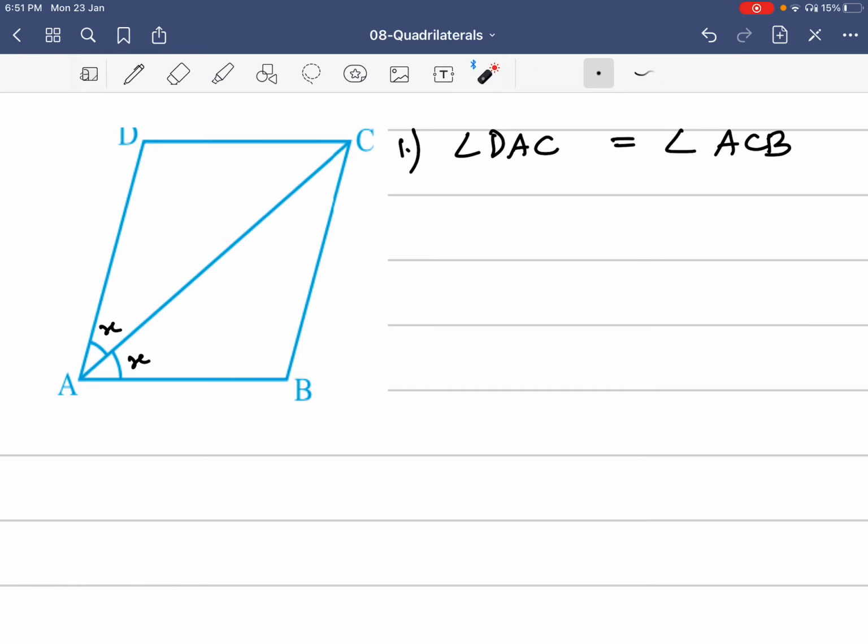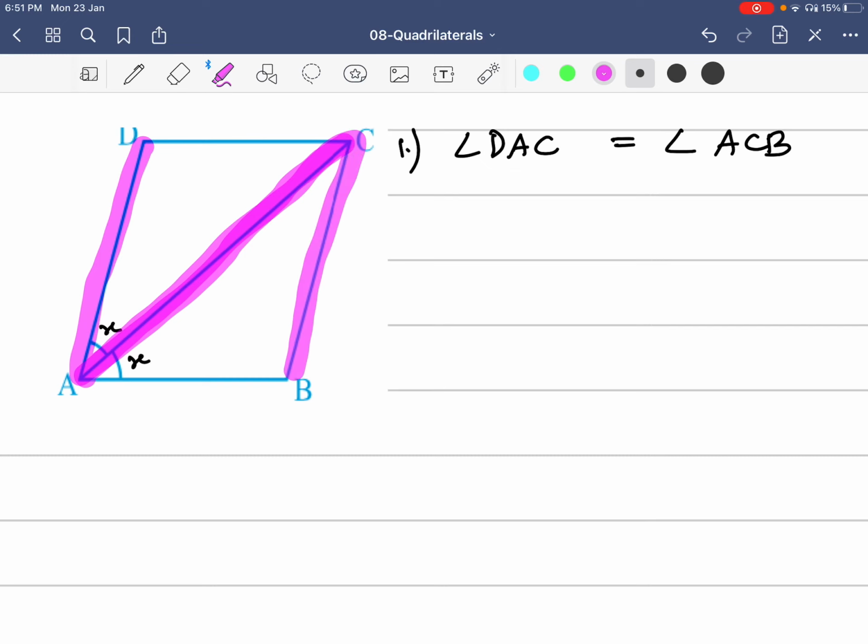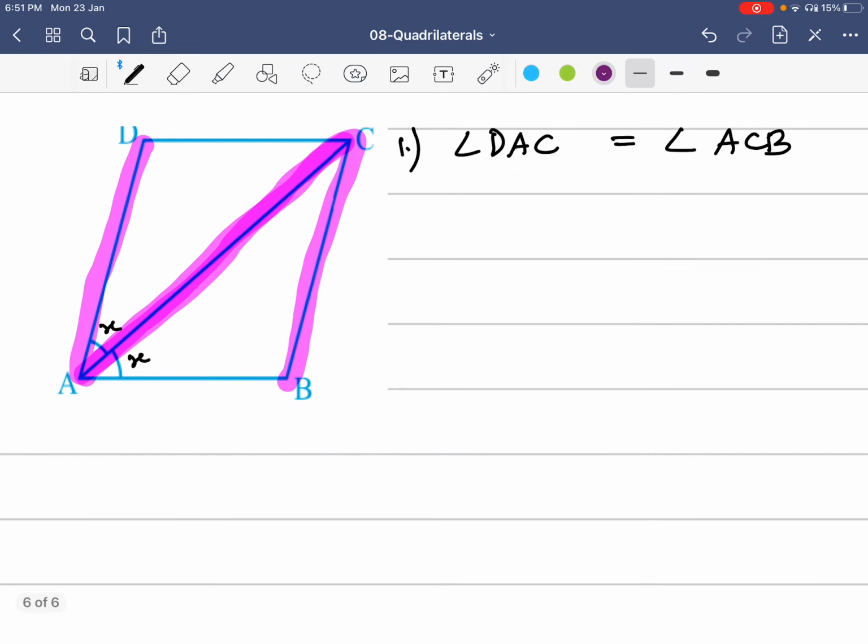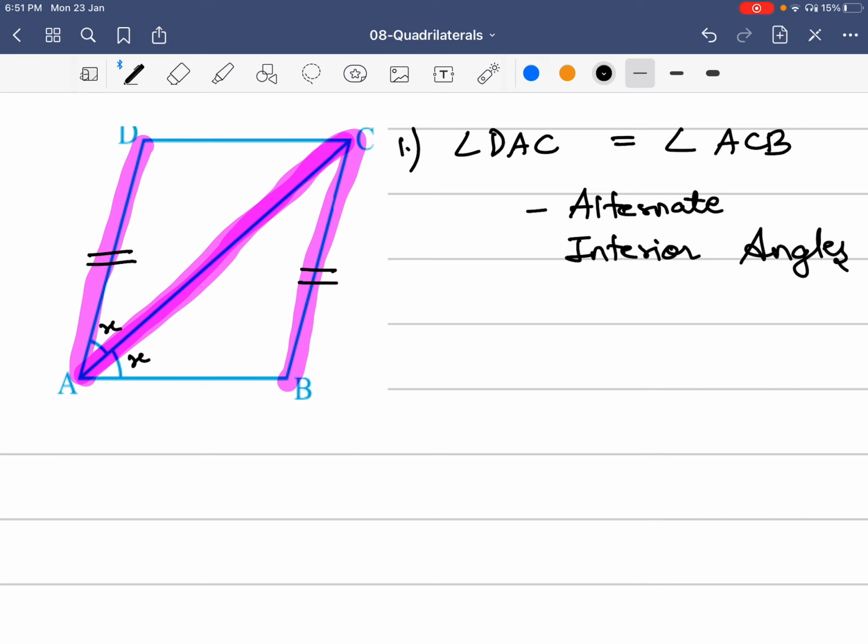I'll trace the angles. DAC is equal to angle ACB. Why? What is the reason? Because they are alternate interior angles. These are alternate interior angles for the parallel lines. Which parallel lines are we considering? CB and AD, for these two parallel lines.